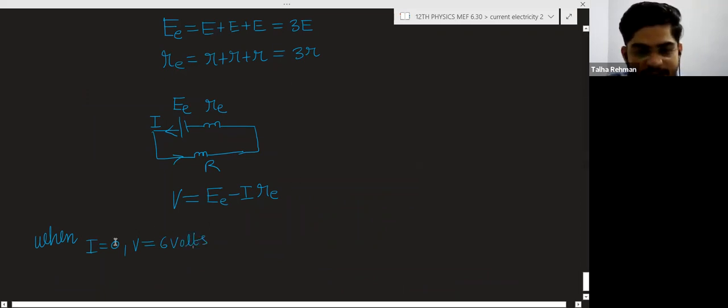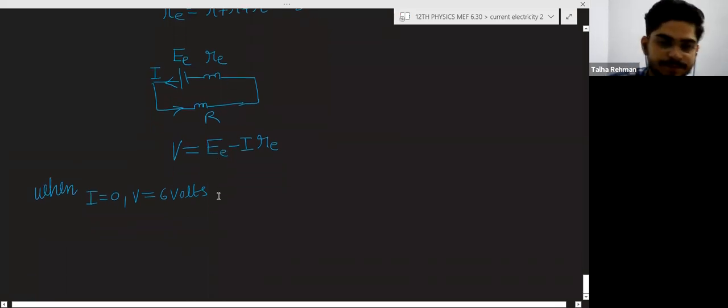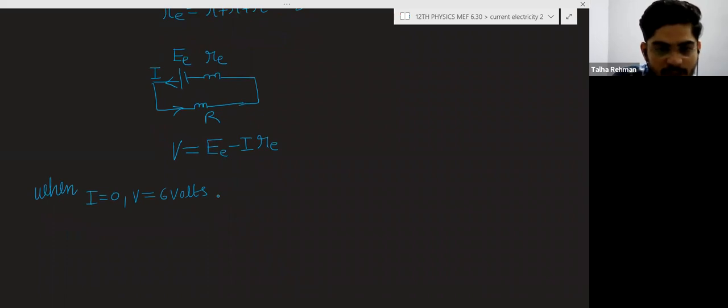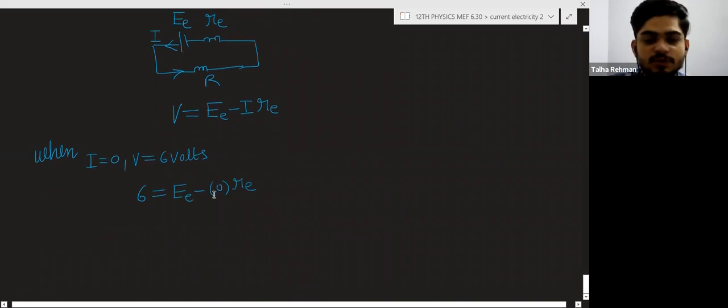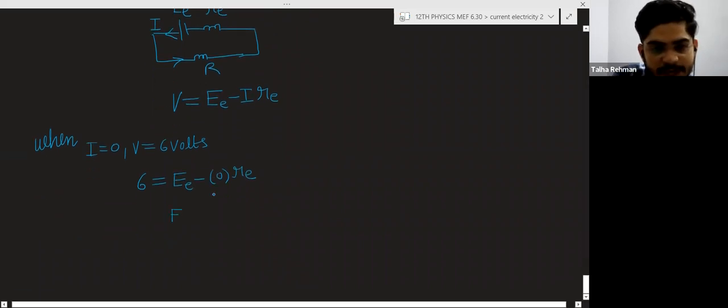Now put I equal to 0 and V equal to 6 volt in this equation. So V is equal to 6 volt, and this is E equivalent minus I, which is 0 this time, into R equivalent. So you will get E equivalent is equal to 6.